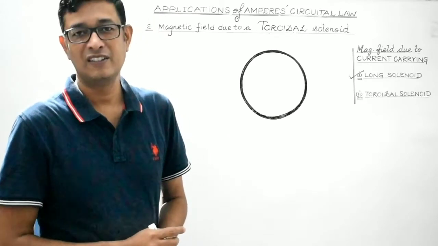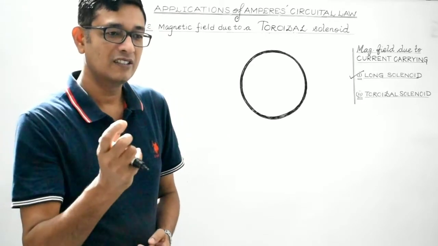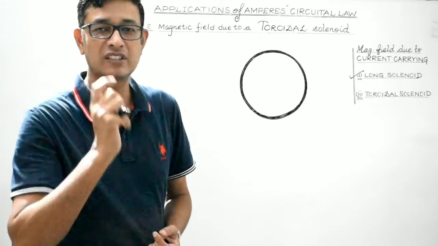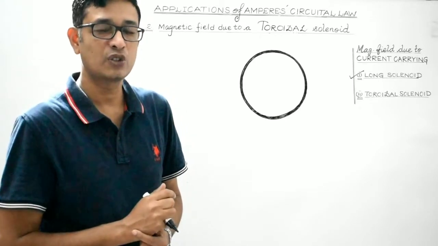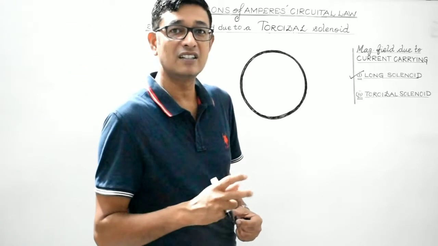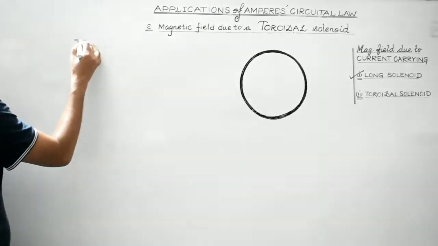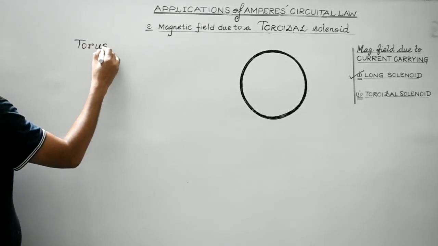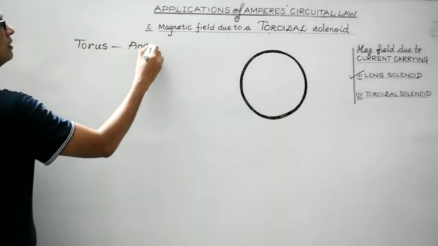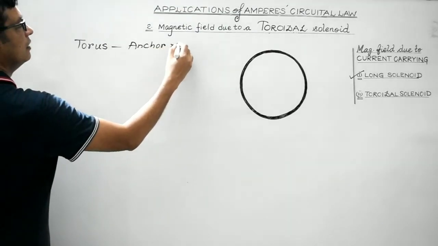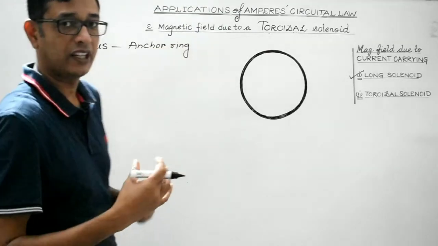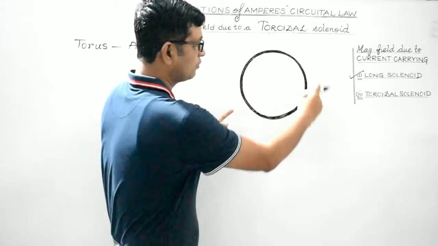Now the term toroidal contains the root torus, T-O-R-U-S. It stands for anchor ring. Anchor means some supporting ring. So this is the ring I am talking about.